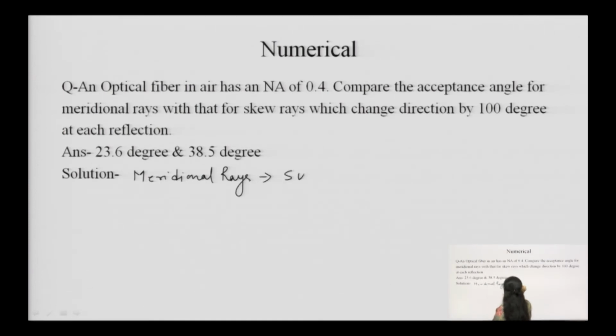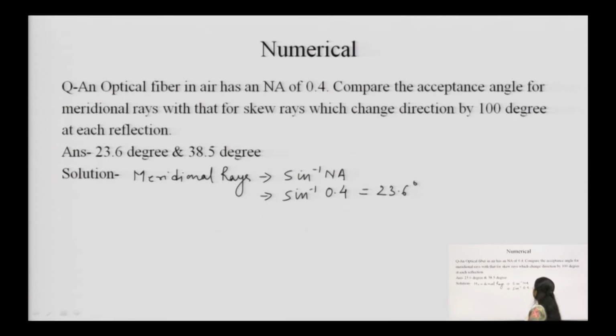The acceptance angle is given by sin inverse NA. The NA value is given as 0.4 here. So sin inverse 0.4, after calculation, we get as 23.6 degrees.